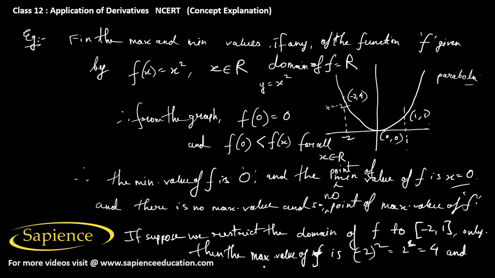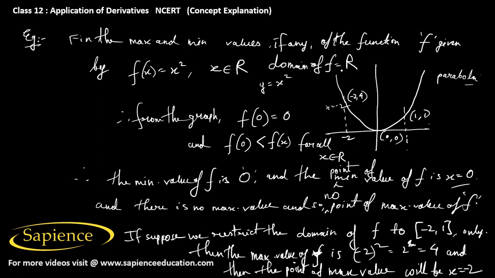So the point of maximum value in this case will be x equal to -2.